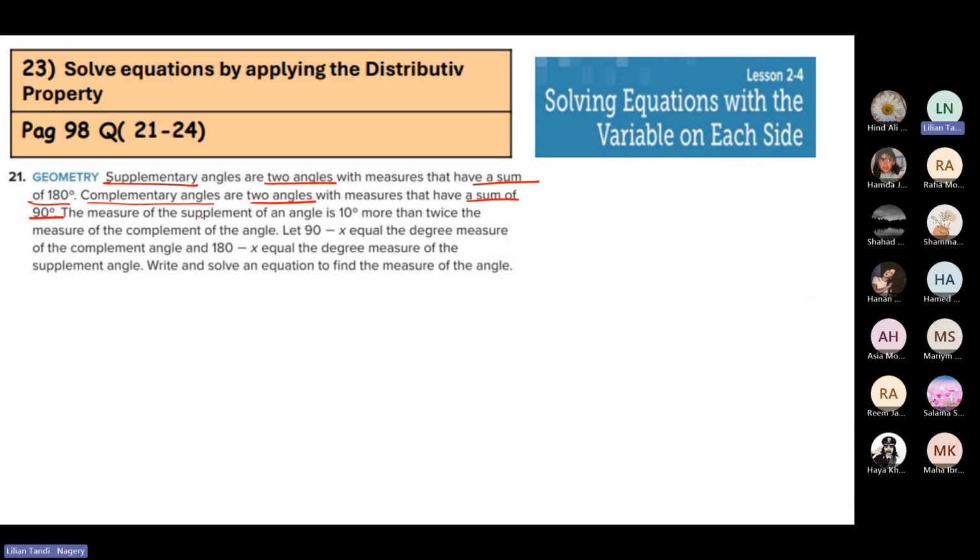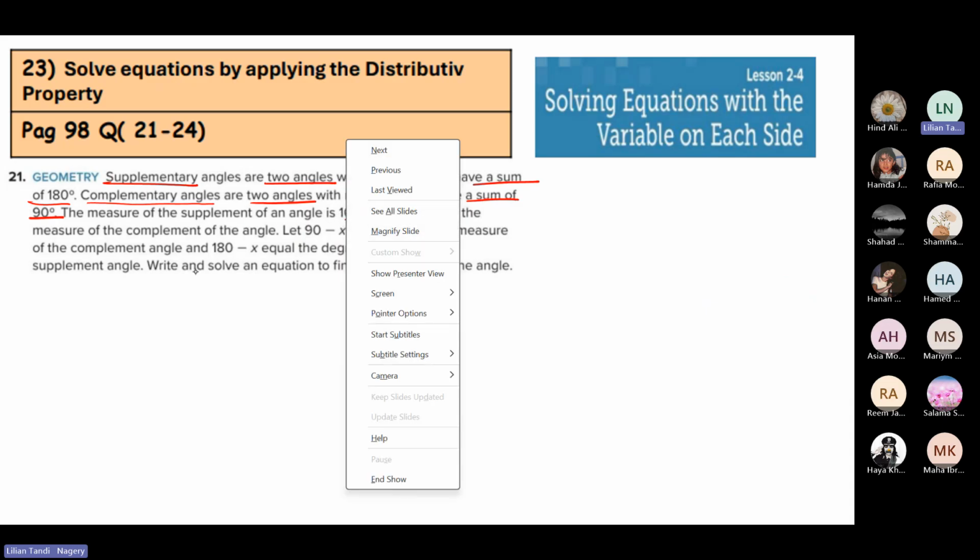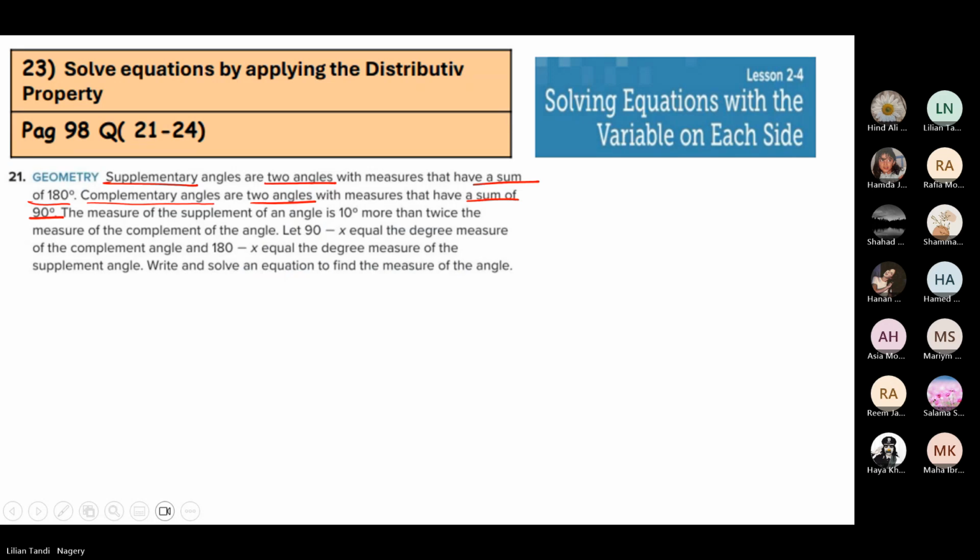The measure of the supplement of an angle is 10 more than twice the measure of the complement of the angle. I told you reading is important. Right reading, right answer.